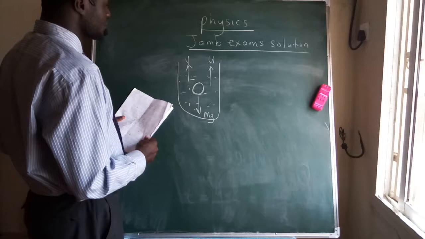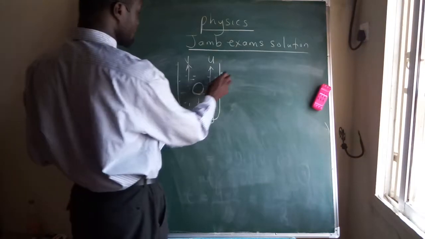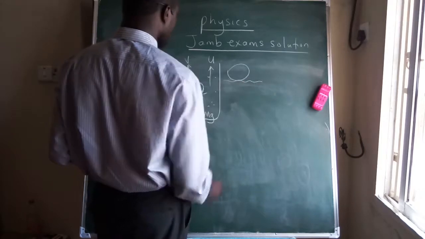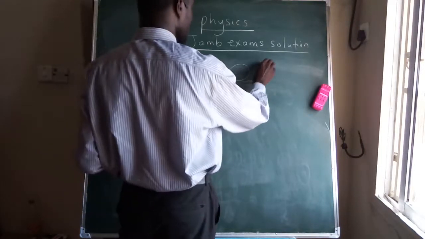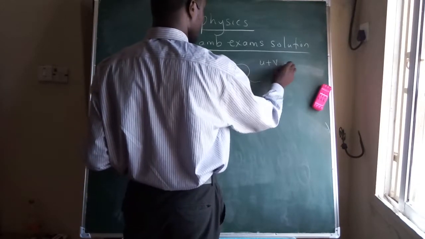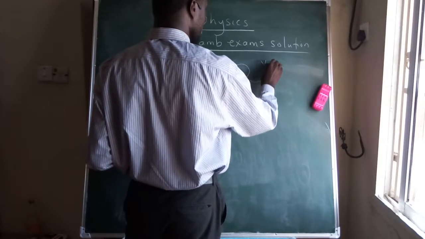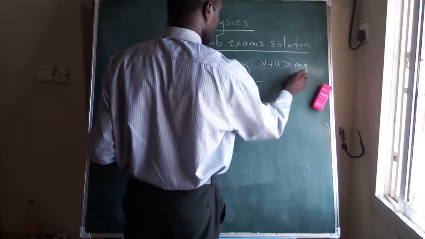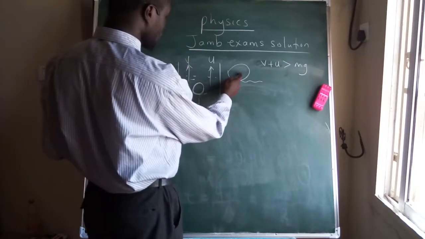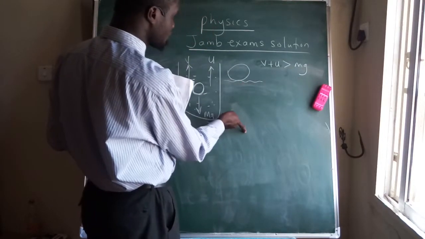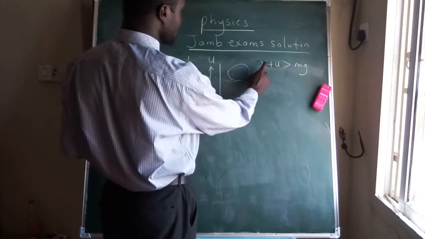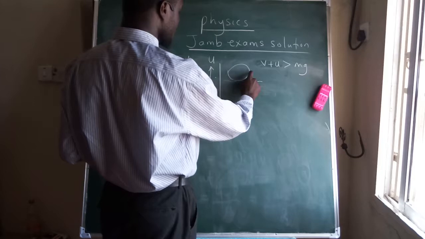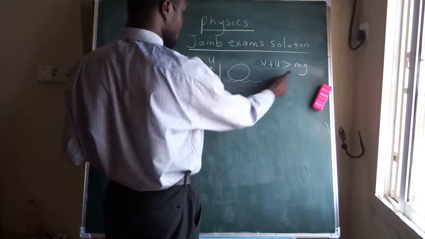Now, had it been this object remains on top of the water, then this means that V plus U is greater than mg. If the object does not sink or enter into the water, meaning V plus U, the viscous force and the upthrust on this body, is greater than the weight.